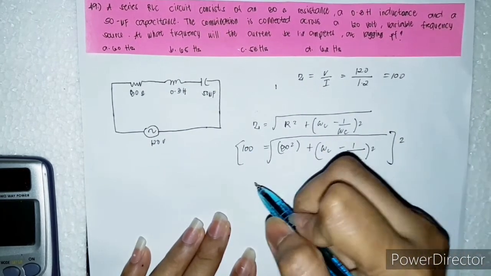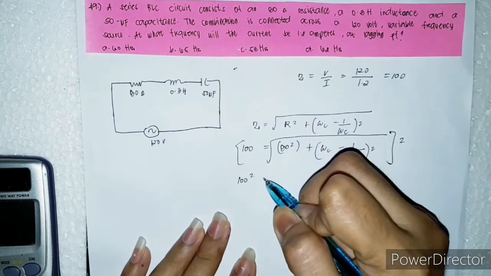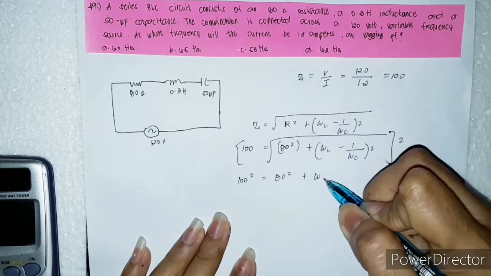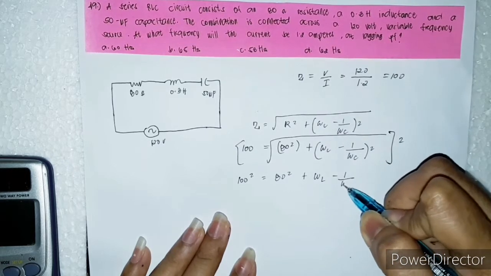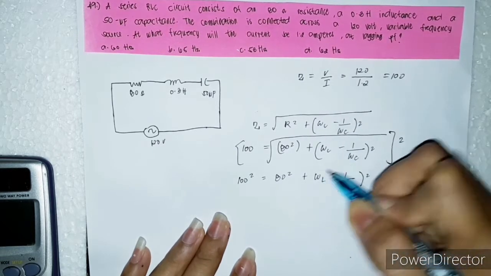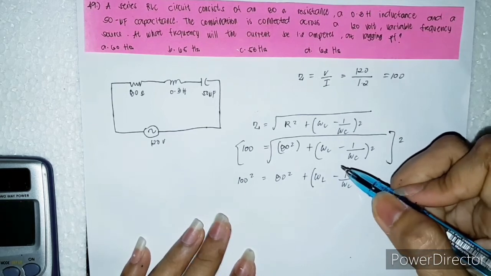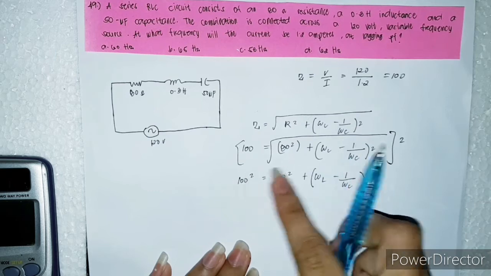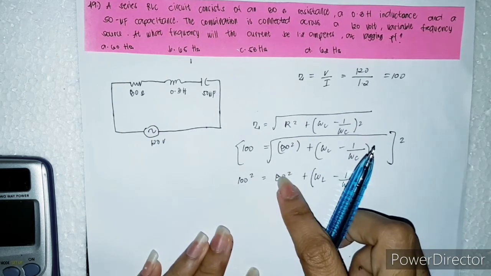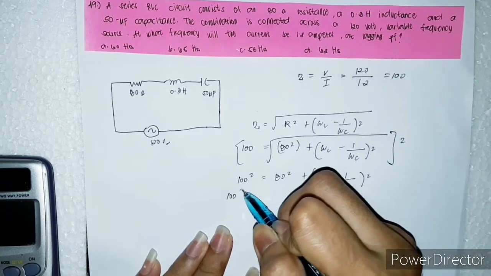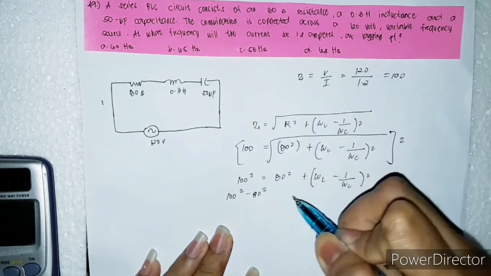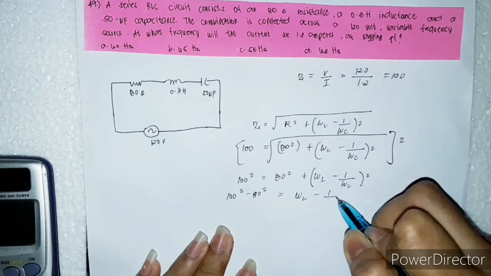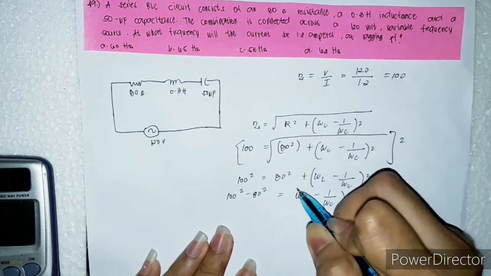So 100 will become squared, and then 80 squared plus omega L minus 1 over omega C squared. After that, let's transpose this one, so we combine the constants. We have here 100 squared minus 80 squared is equal to omega L minus 1 over omega C squared.